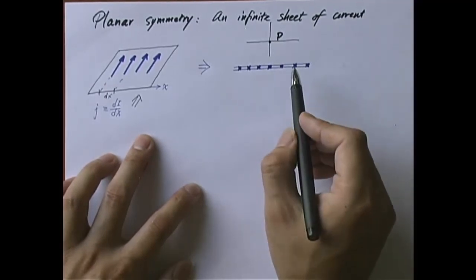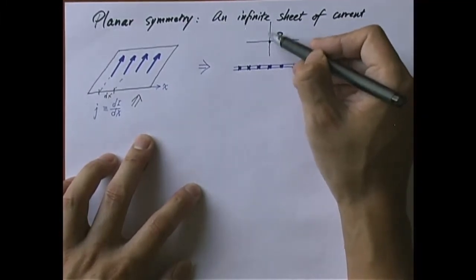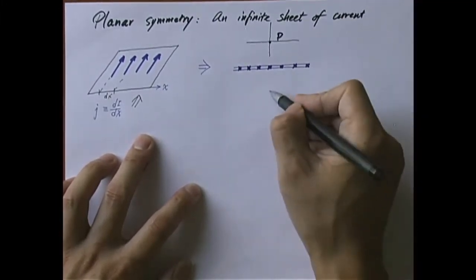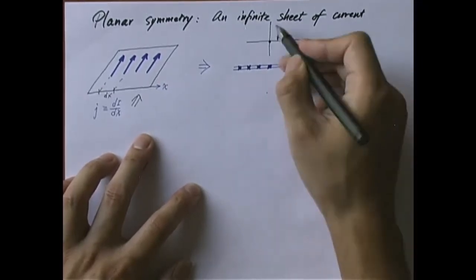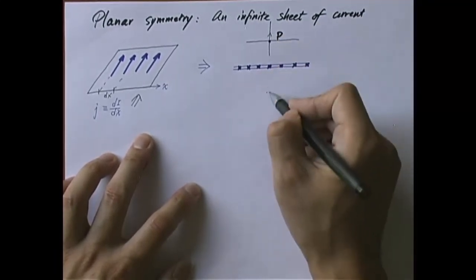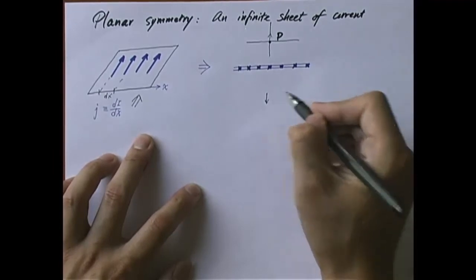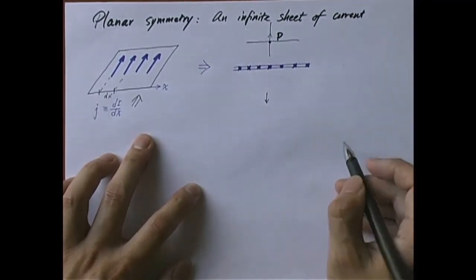Why is that? Because if it points upward like this, or it has an upward component like this, then what happens on a symmetrical point below the plane? On a symmetrical point below the plane, if here there is an upward component like that, over there symmetrically you have a downward component like that. And what is wrong with that? Here's what's wrong with that.